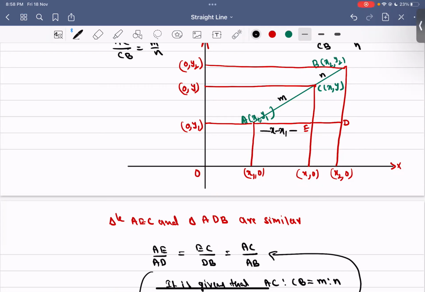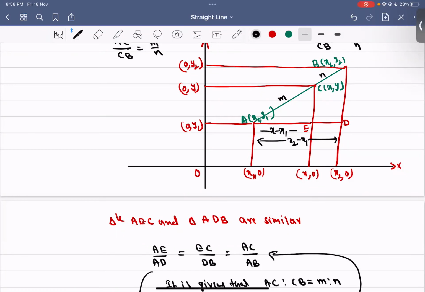Now what is AD distance? This distance is x2 minus x1. That is AD distance. Yes or no? X2 minus x1 is AD distance. Similarly, EC distance is what?